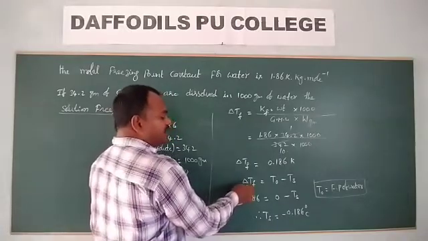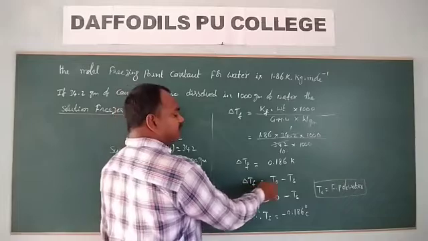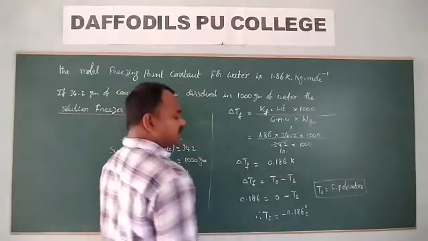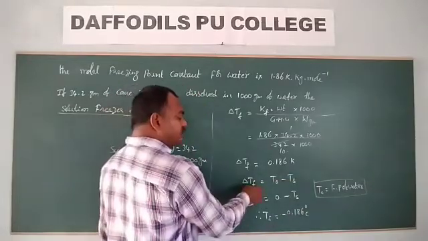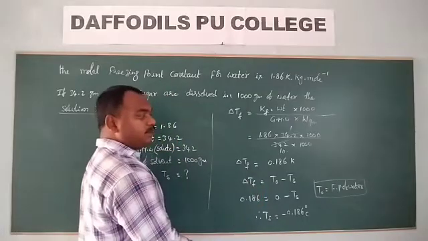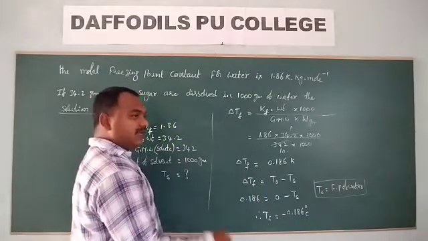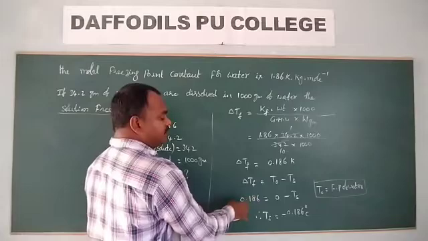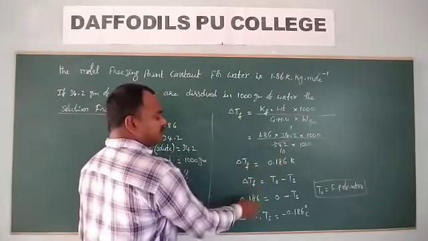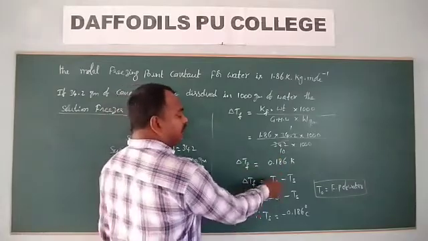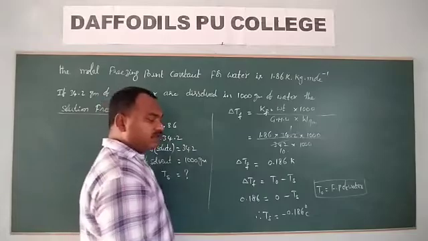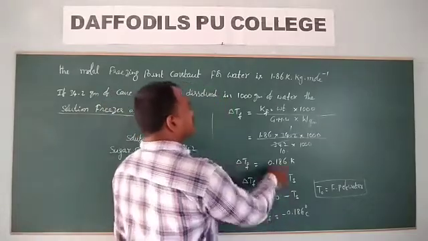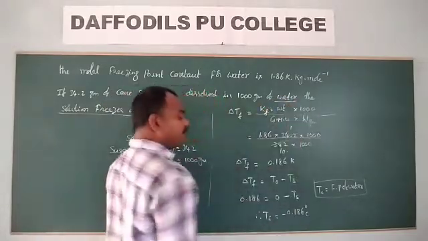Again, we know the formula of ΔTf. ΔTf is equal to T₀ minus Ts. ΔTf is the depression in freezing point, the decrease in freezing point. T₀ means the freezing point of the solvent. Which one is the solvent in this problem?